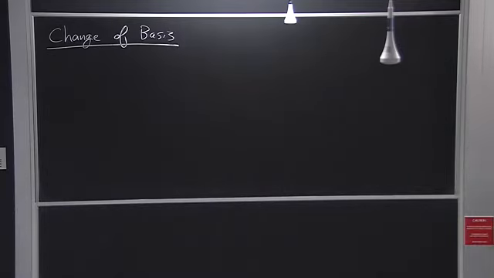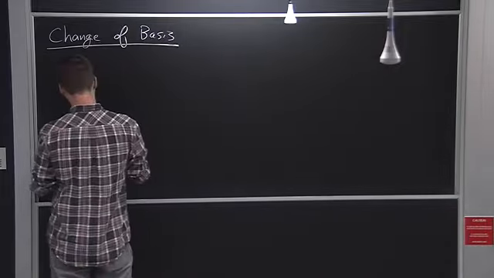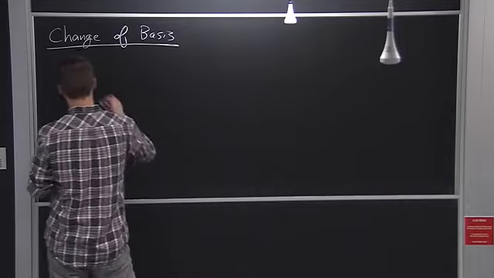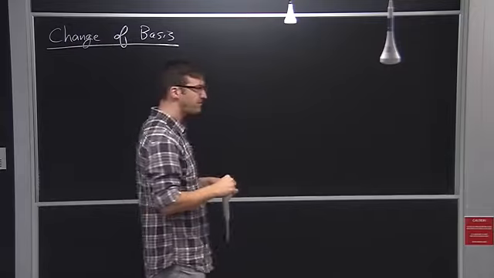I just want to remind you of how we change bases in quantum mechanics, because we're going to be using this result quite a bit as we develop the path integral.